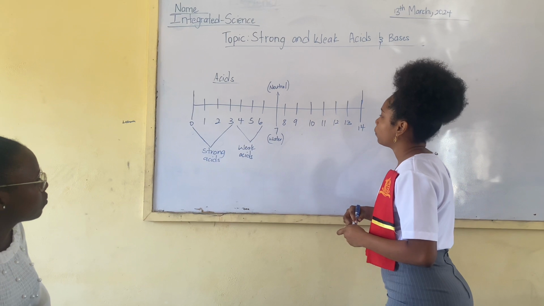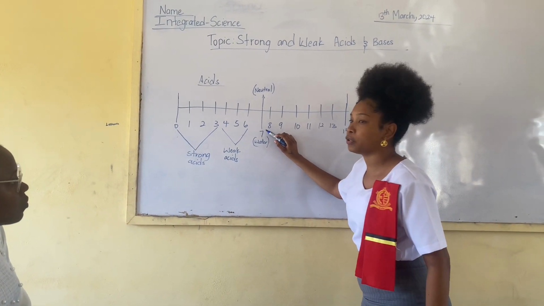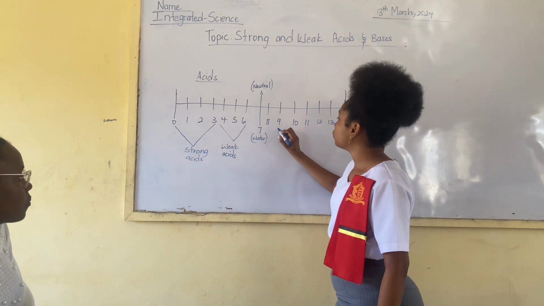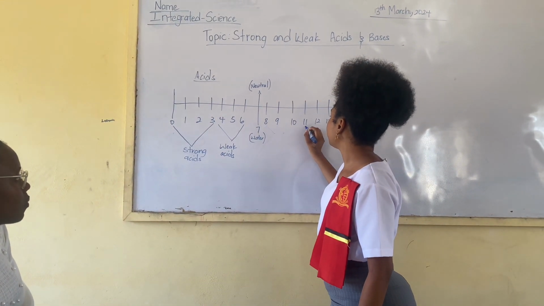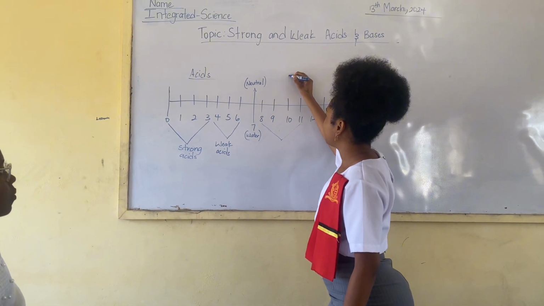Now, as I just said with acids, the closer it is to the neutral point, the weaker it gets. So from 8 to 11 will be the weak bases.